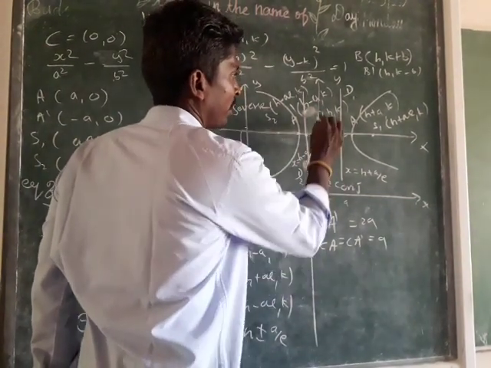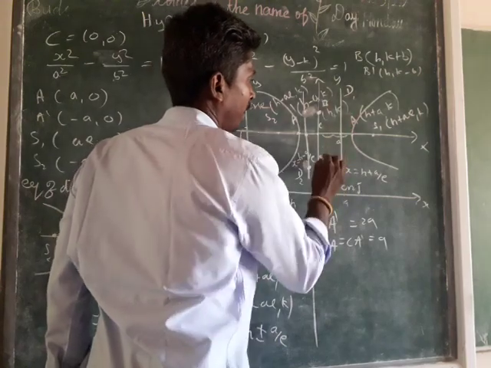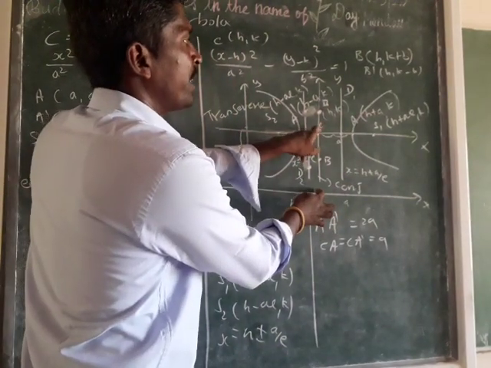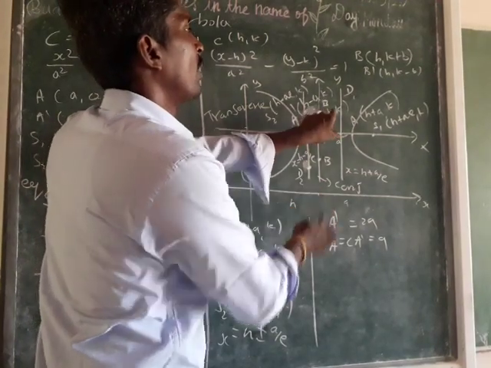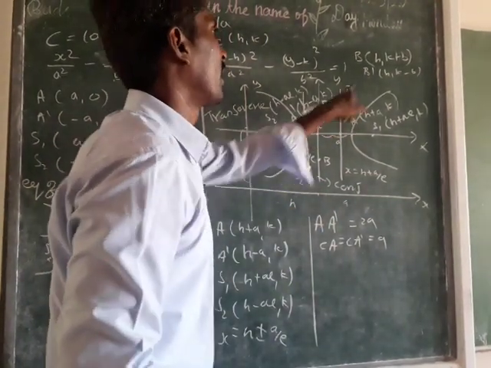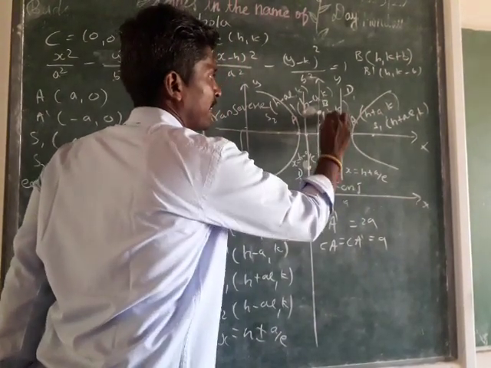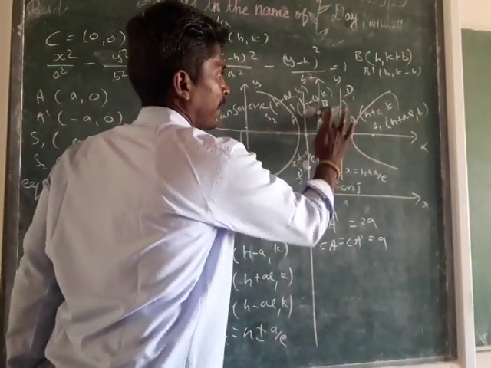Here you can mark B and here mark B dash. Up to here the y-axis is k, and C to B is the b value. So h comma k plus b. This center is h comma k.